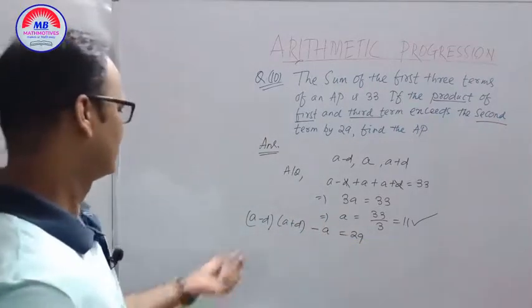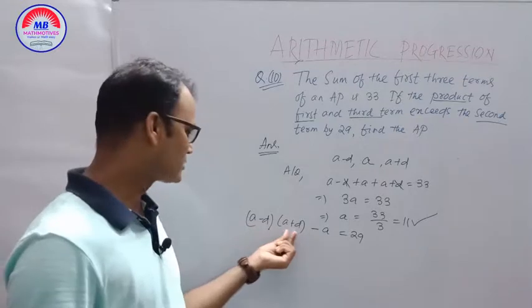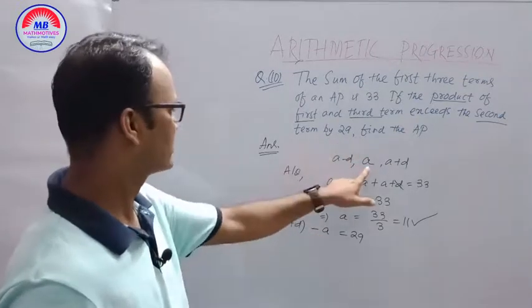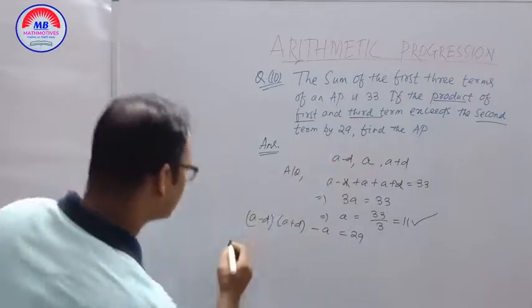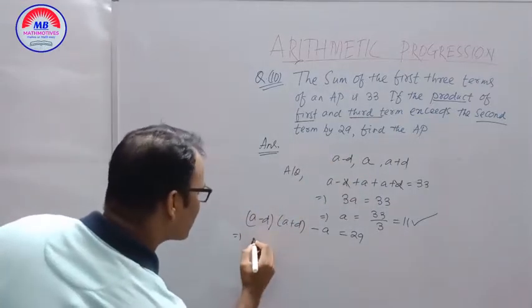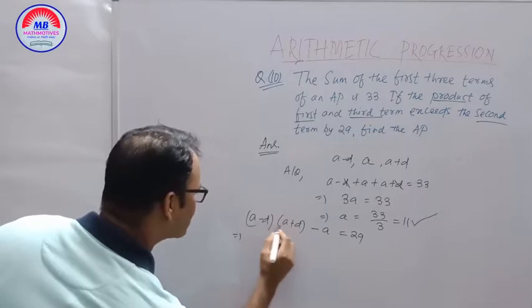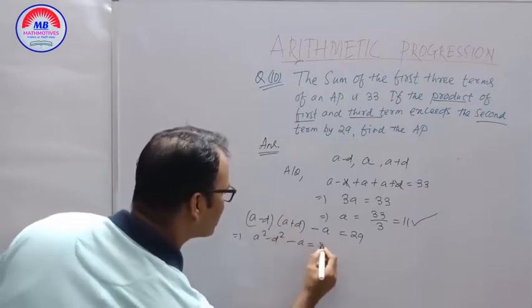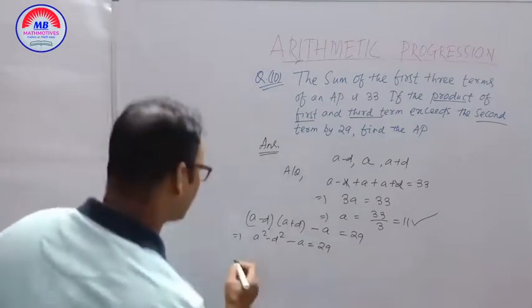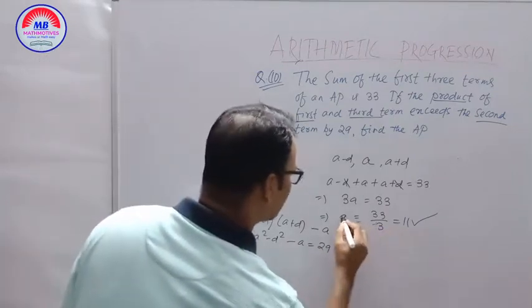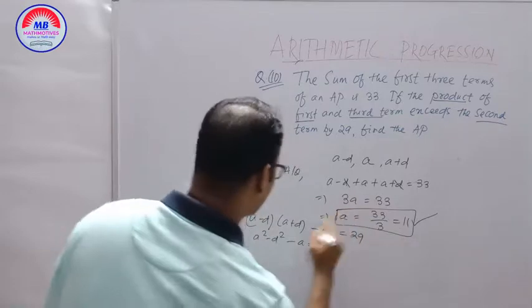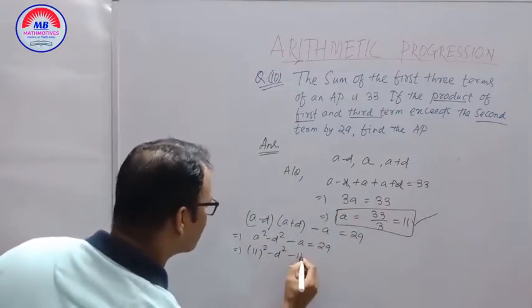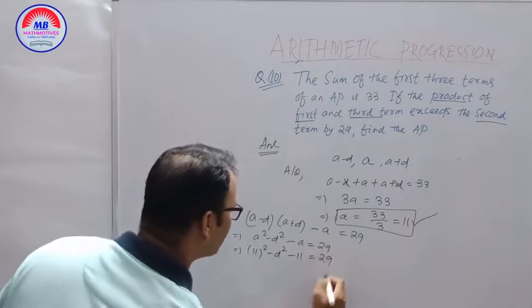Second term is A, and it exceeds by 29. Product of the first and last term exceeds the second term, second term is A, 29. You see here, A plus D into A minus D gives A square minus D square, minus A equal to 29. Here A is what? A value is 11. Put 11 here. 11 square minus D square minus 11 equal to 29.